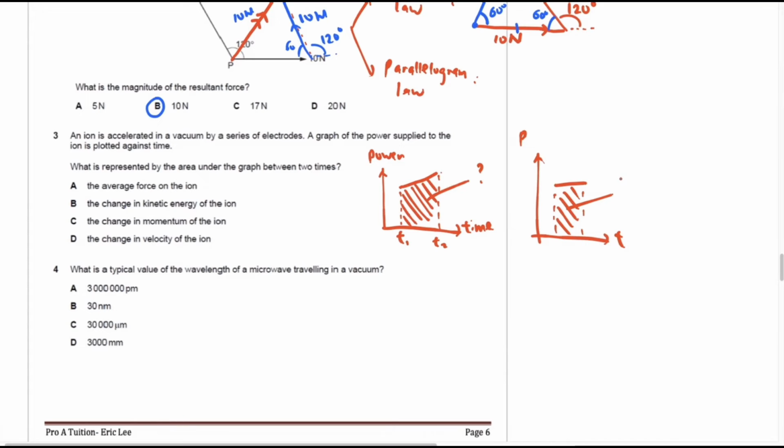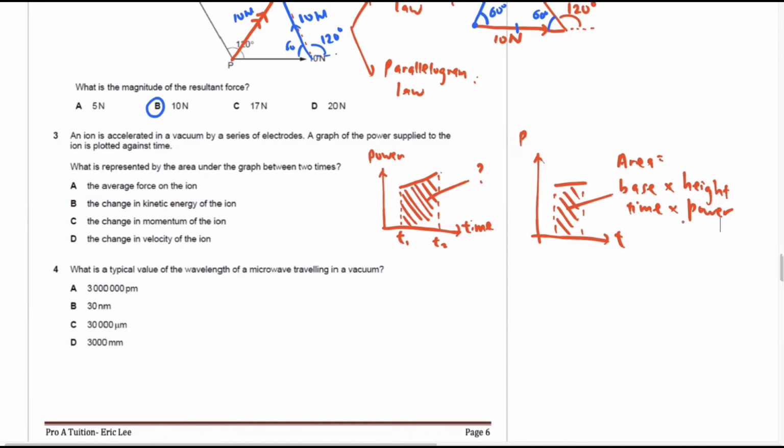So the base multiply with the height, then you get the area. The base is basically the time. The height is the power. Power times time is something that we need to pay attention.